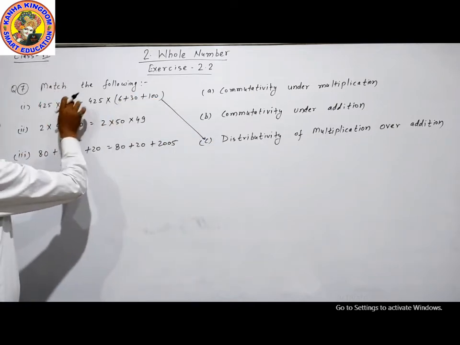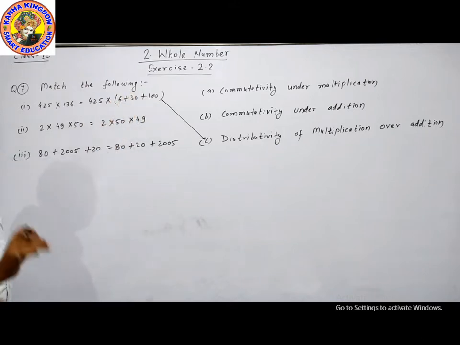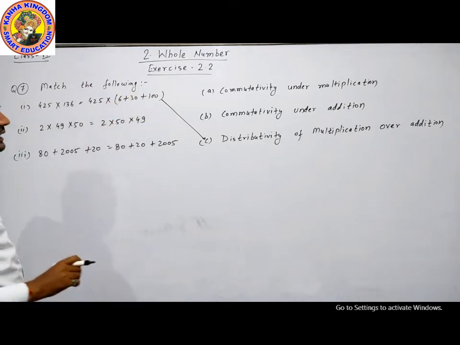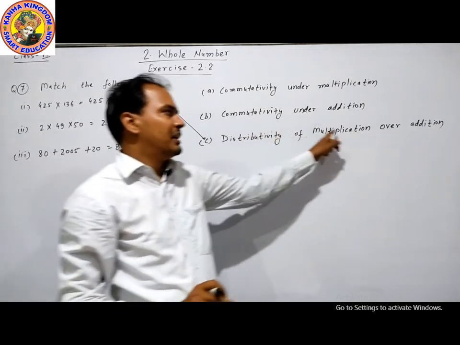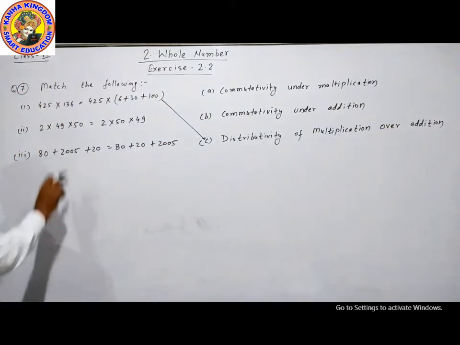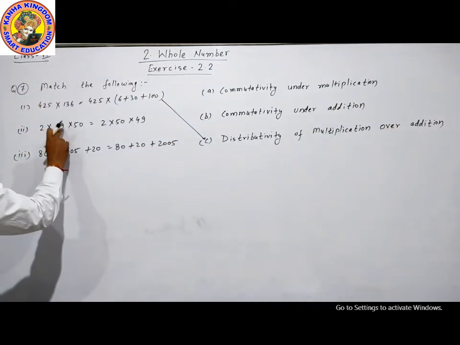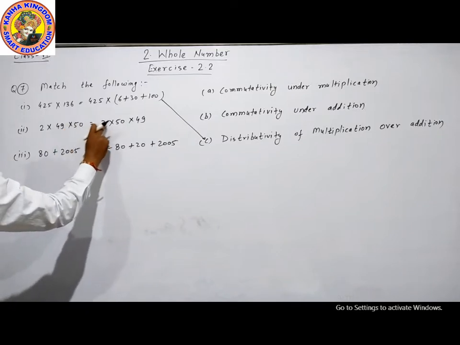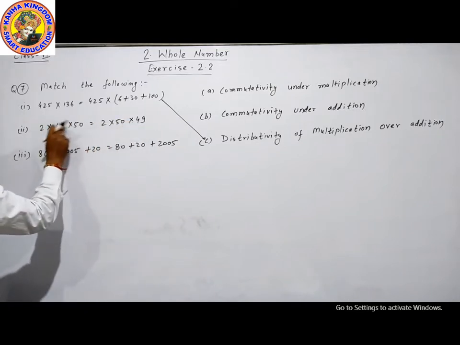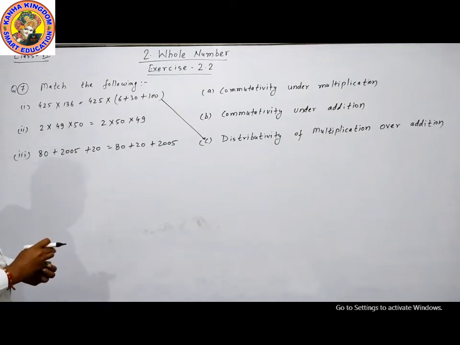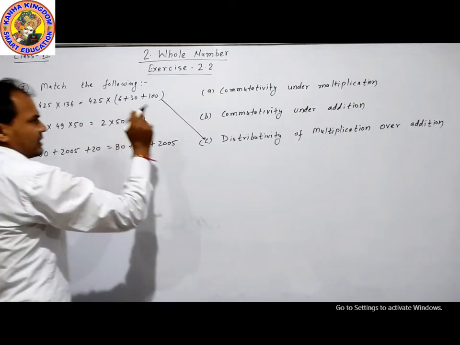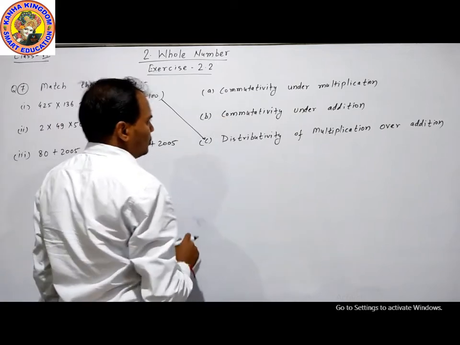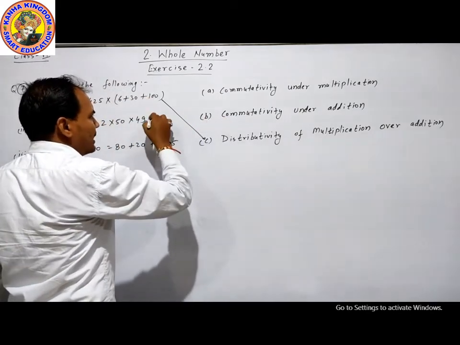When we break any number in terms of zeros, this is called distributivity, and the distributive in terms of addition, so distributivity of multiplication over addition. 2 into 49 into 50, 2 into 50 into 49, we are changing the order of multiplication, this is called commutativity under multiplication.